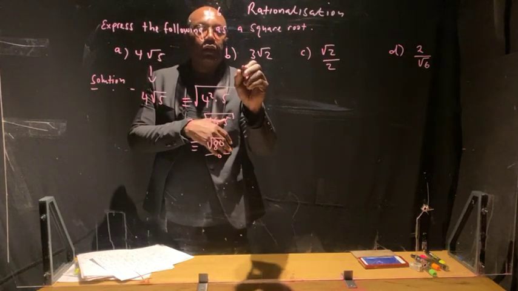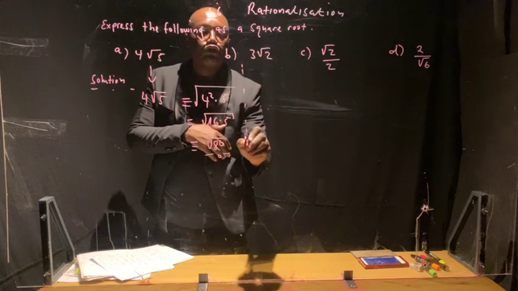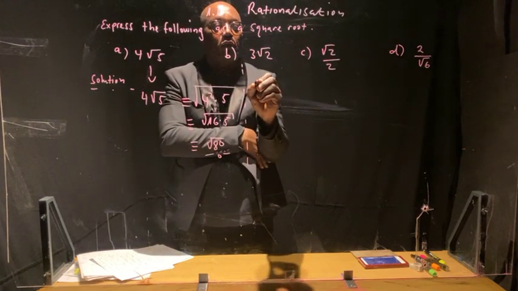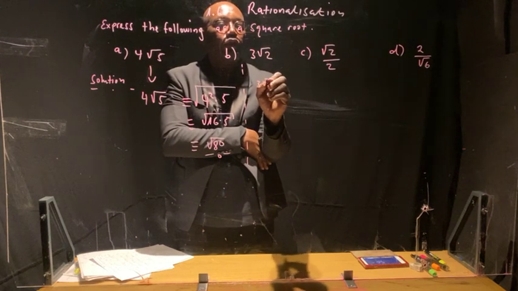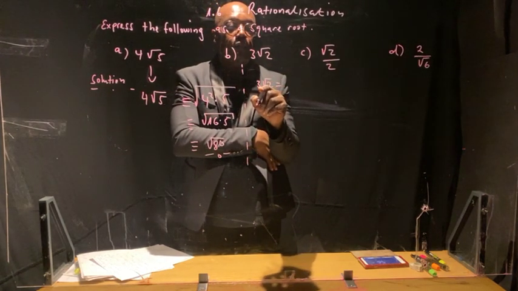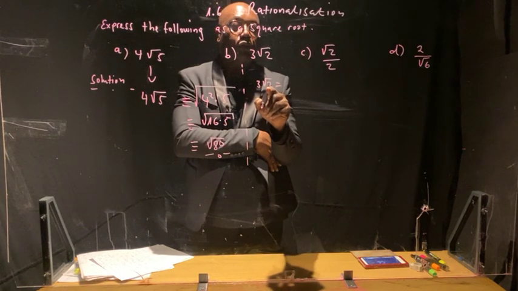Then let us come to this one. 3 root 2. I'll push the 3 inside the square root. To do that, I will square the 3.